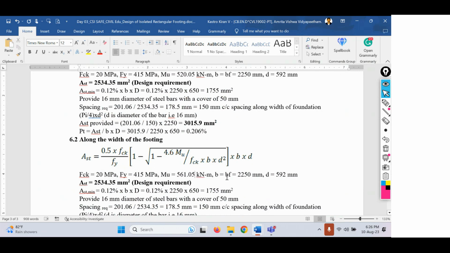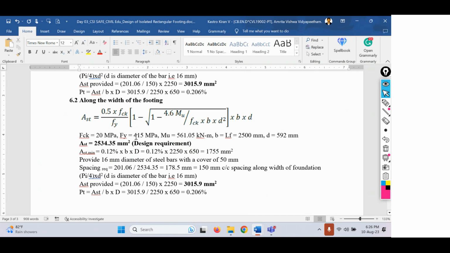And the B value along the width direction is actually the length. So the length of the footing is 2500, that is 2.5 meters, and the depth remains the same, which is 592 mm. The overall depth is 650 mm.